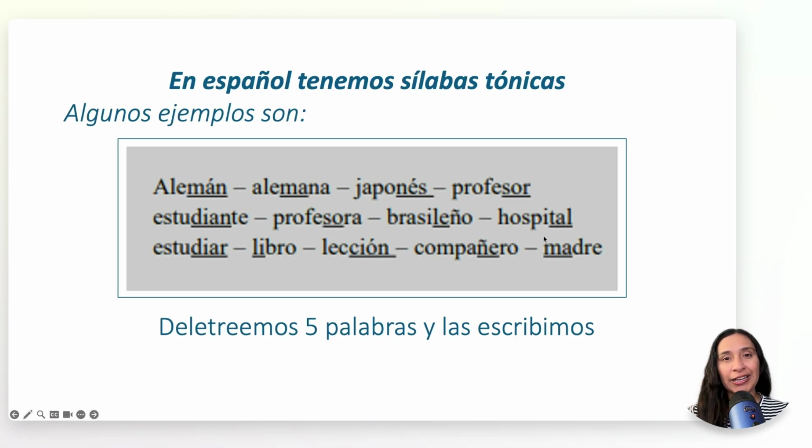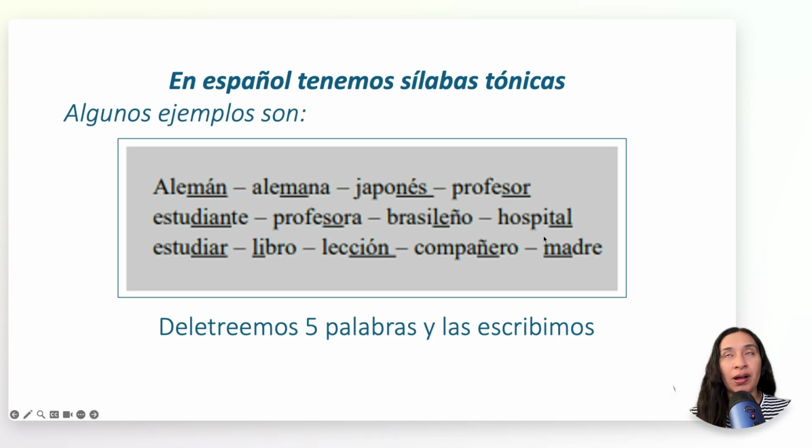It has an accent mark in the E. For the second time, J-A-P-O-N-E-S. An accent mark in the E. What's the word? Can you pronounce it? Remember the J-A? Ha. See? Japonés. Muy bien. Very good.